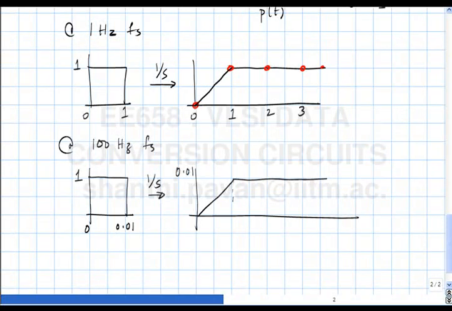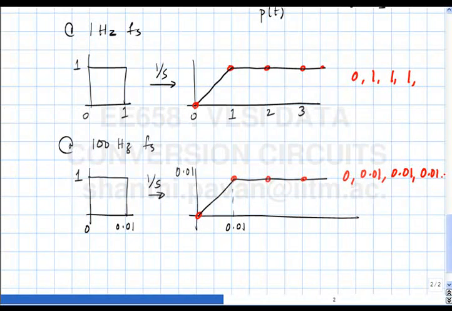At what time will it stop ramping up? 0.01 seconds, and I'm sampling at 0.01 seconds. So what I will get is, instead of getting 0, 1, 1, 1 as the loop gain impulse response, I will get 0, 0.01, 0.01, 0.01, etc. Correct?